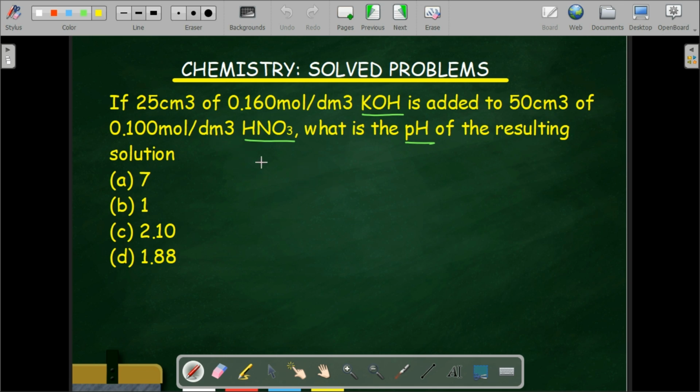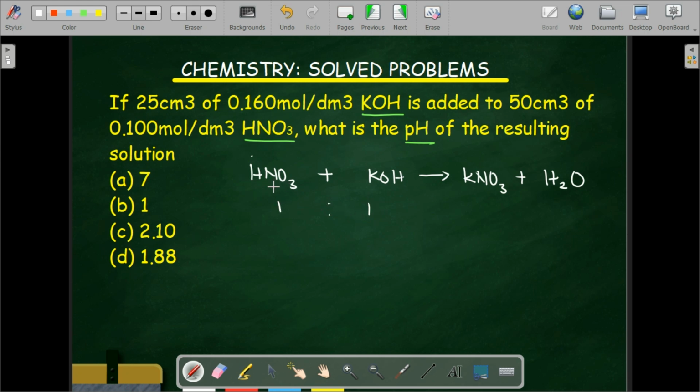The question says we have, let's write the equation of reaction. We have HNO3 combines with potassium hydroxide to produce potassium nitrate and water. And we could clearly see that this is a one-to-one reaction ratio.